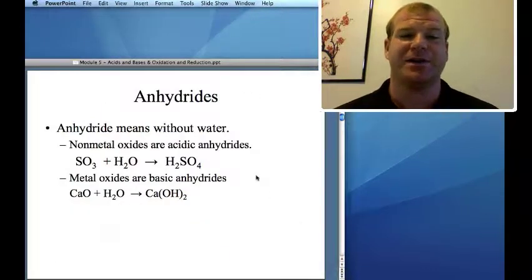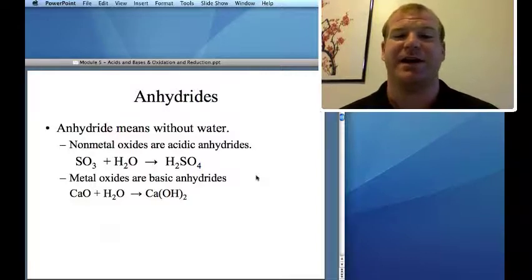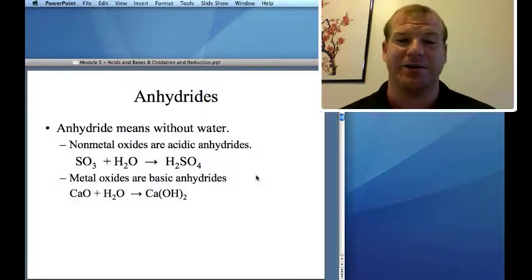And anhydride, so an means without, hydride means water. So anhydride is something without water. And so nonmetal oxides are acidic anhydrides. So sulfur trioxide plus water makes H2SO4, sulfuric acid. And that's also how acid rain forms.